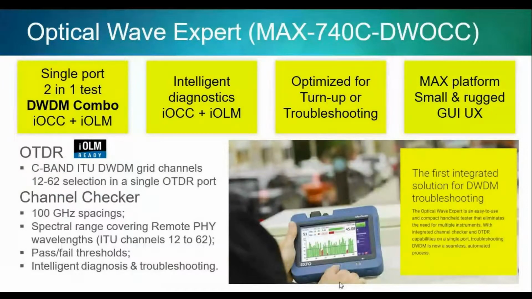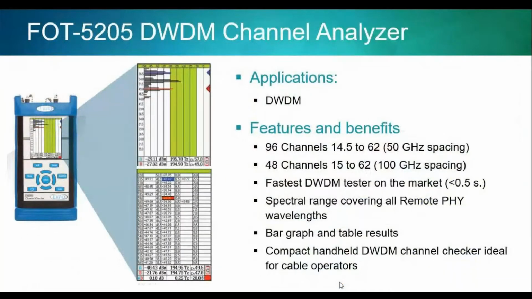Question on the channel checkers. Does the channel checker give you the channel for the ITU grid, or does it give you the specific wavelength that's currently being transmitted? It's on the ITU grid. So if you have a peak that is off the wavelength, will the channel checker be able to identify that? If it's off the peak, the power level is going to be lower, but it's going to affect the channel next to it.